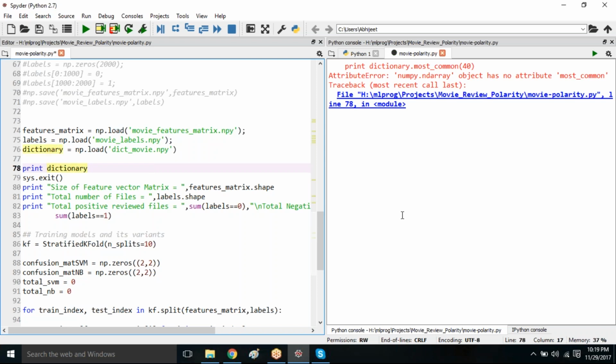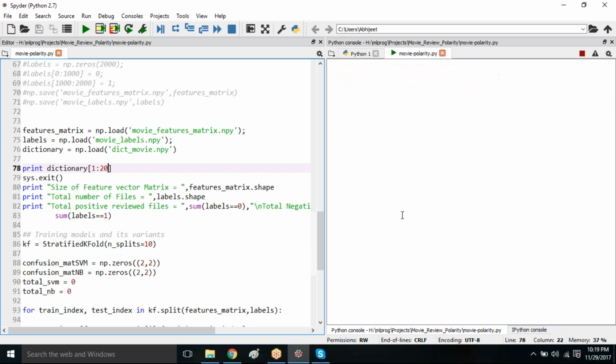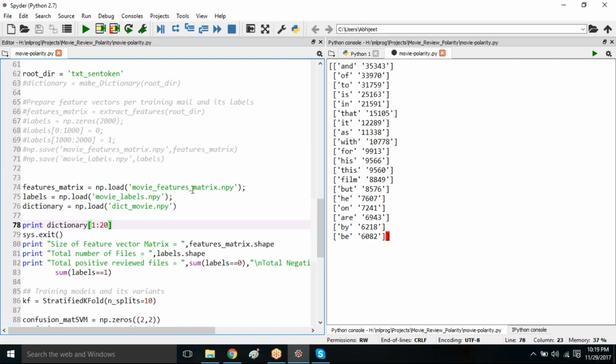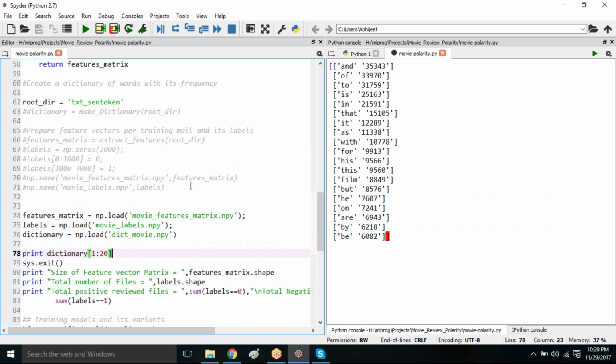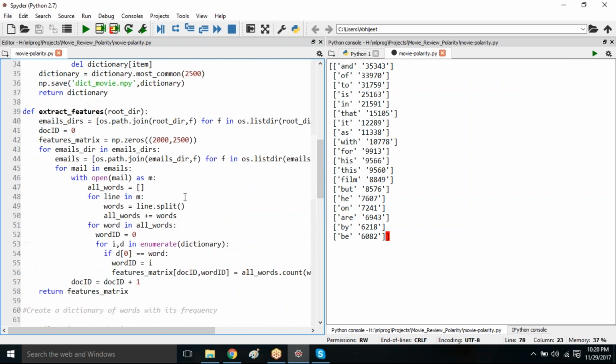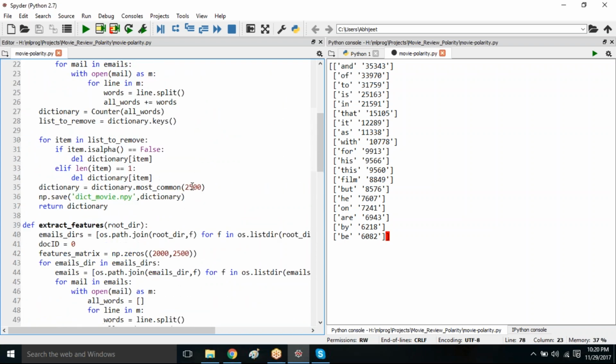Can you see this? I have printed the first 20 words of this dictionary. Yeah, top 20. You see the counts have been decreasing right away, right?